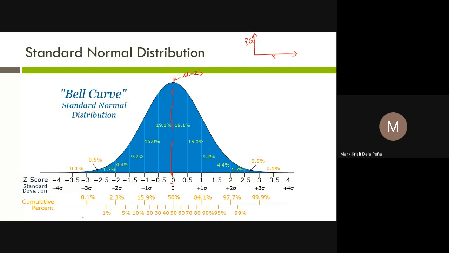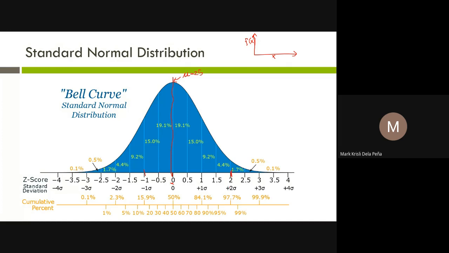As you can see in the image, there are different z-scores and the cumulative percentage. So you have here a z-value which is negative 0.5, negative 1, and so on. We can also see here that this value here is negative 1 sigma away from our mean. Then this one is positive.